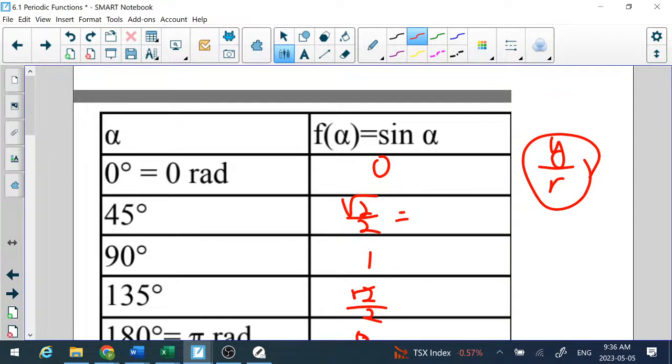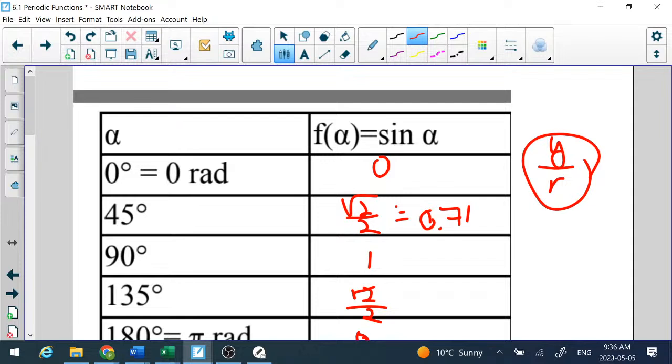You should just go to your calculator. Okay, so let's just round it to 0.71.